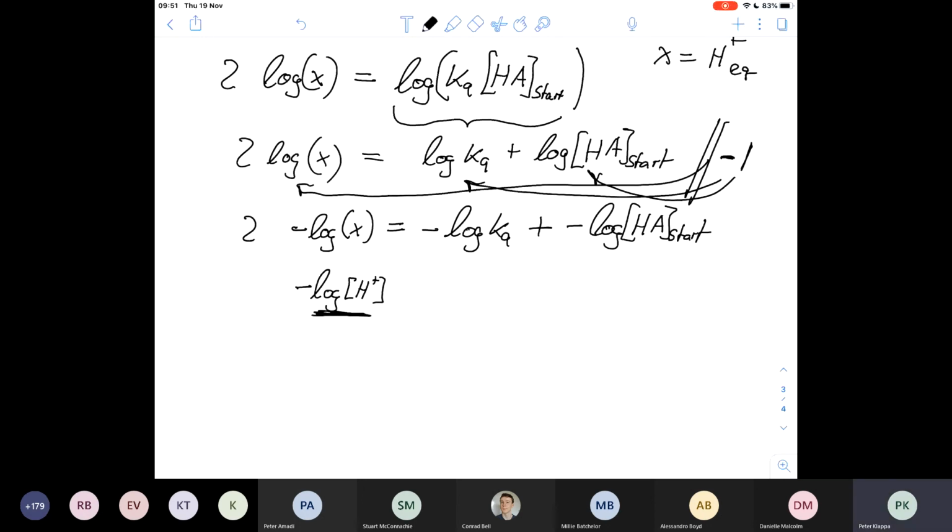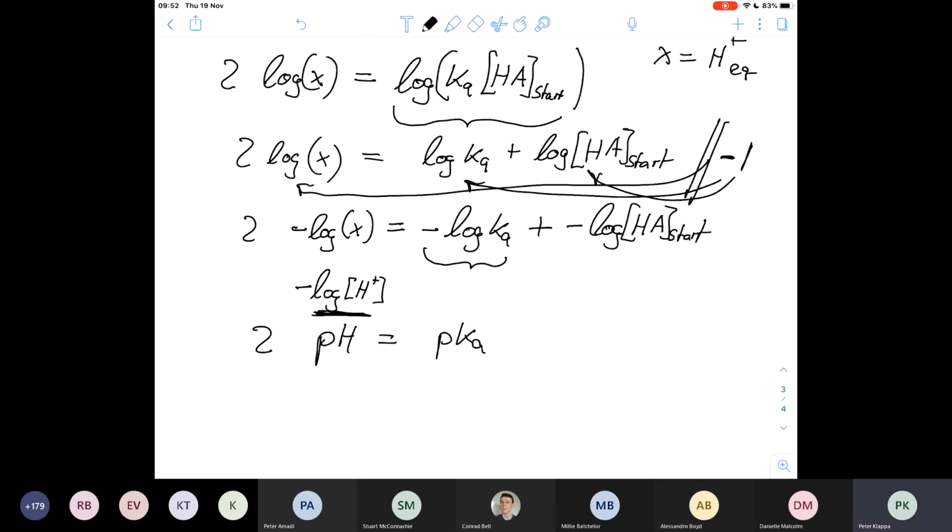I just multiplied both sides by -1 because I wanted to. Yes, this is the pH. So we've got 2 times pH equals, what is minus log Ka? Yes, it's pKa.